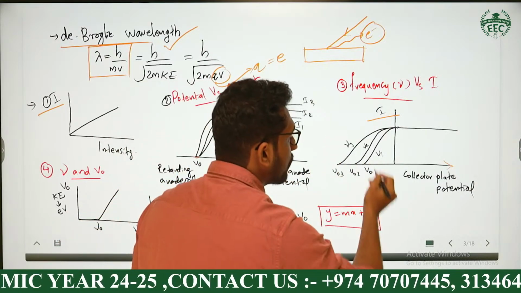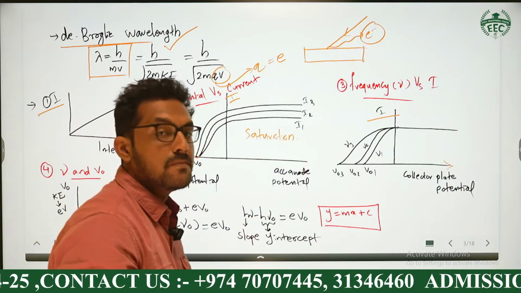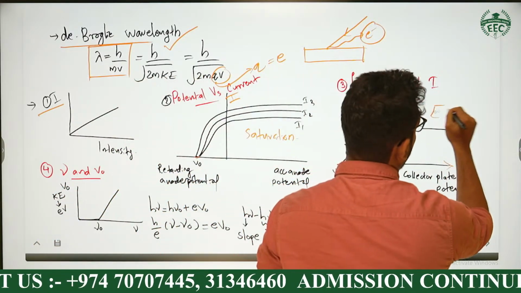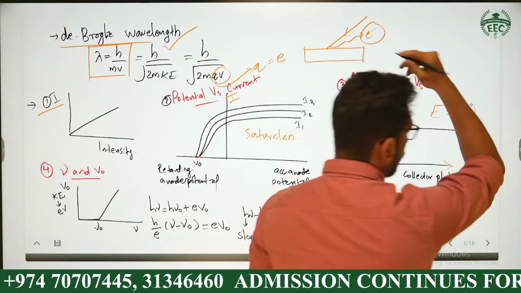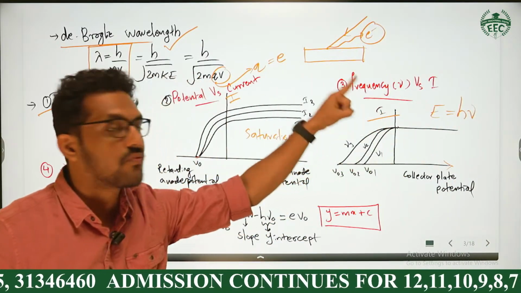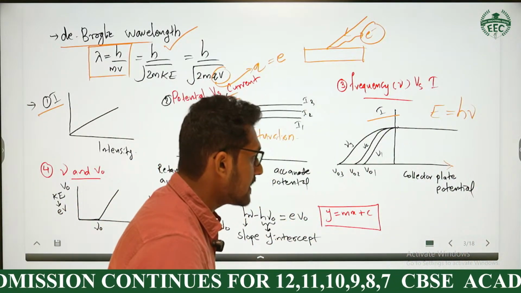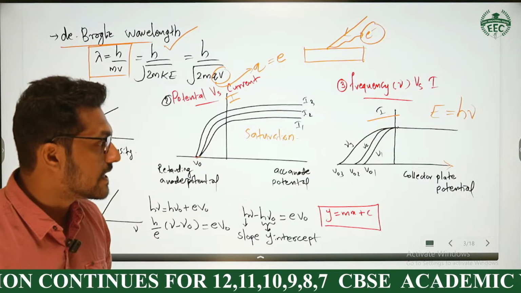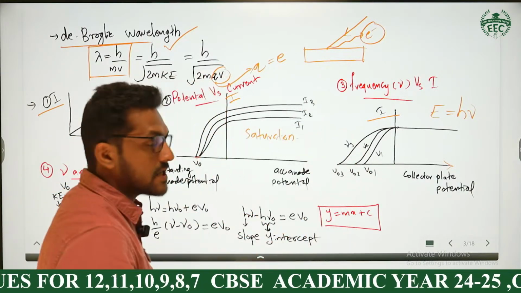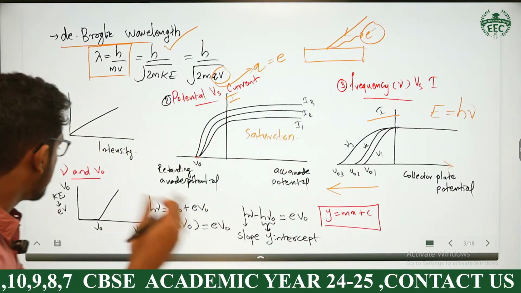Increasing frequency means the energy is increasing, that is the energy h nu, right? There is a frequency term in the equation of energy. So if you increase the frequency, the energy increases, which alters the value of the stopping potential. So the stopping potential will increase if the frequency increases.